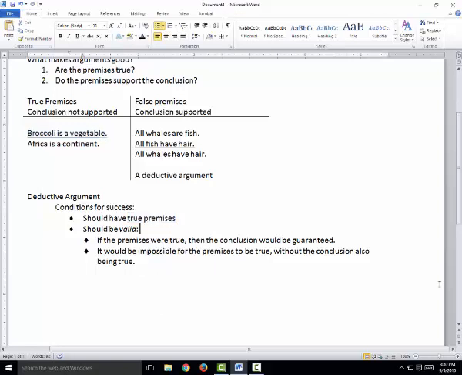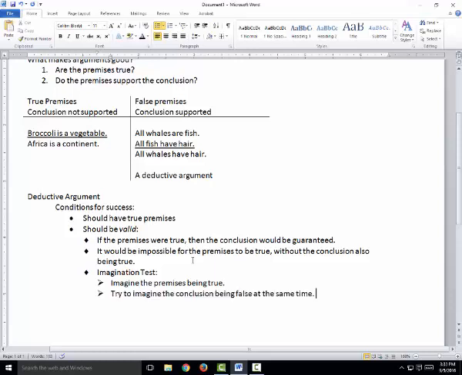And I'm going to suggest the following as an intuitive, easy test of whether an argument is valid or not. I call it the imagination test. Step one is that you imagine that the premises of the argument were true. And the next step is that you try to imagine the conclusion being false at the same time while you're still imagining the premises being true.